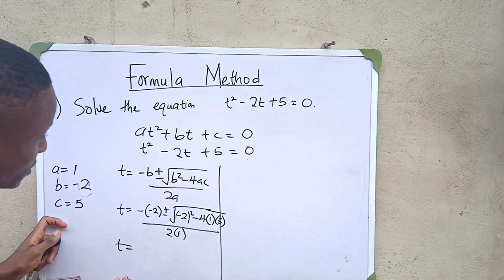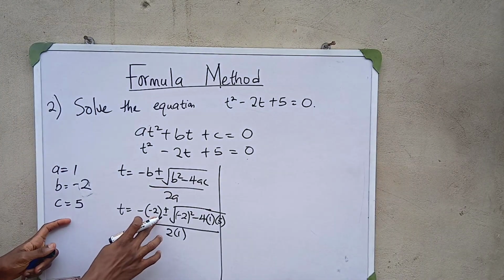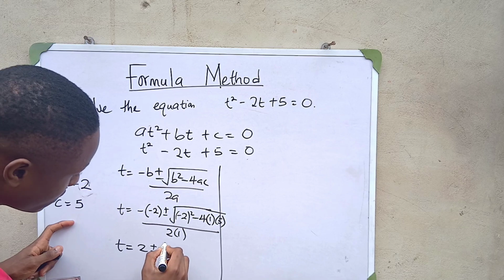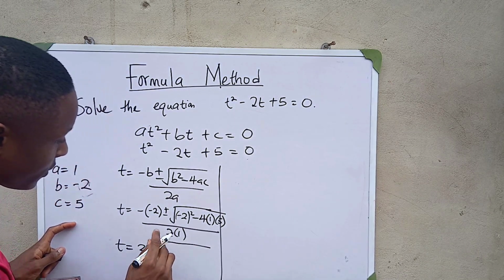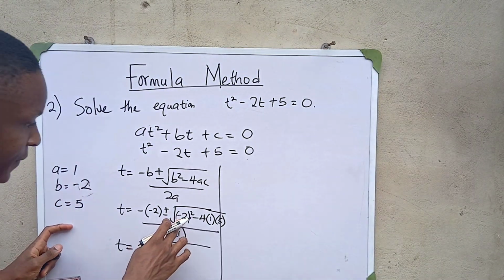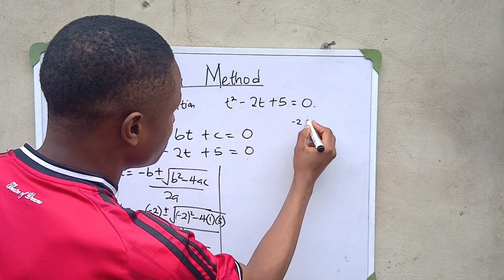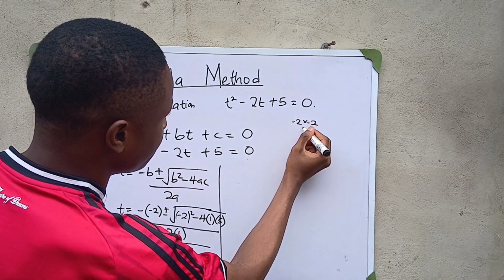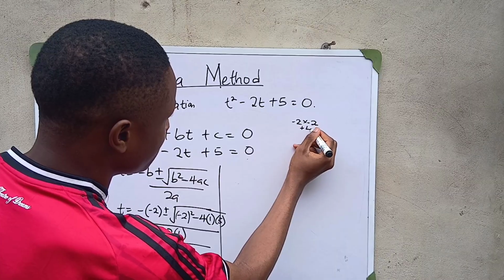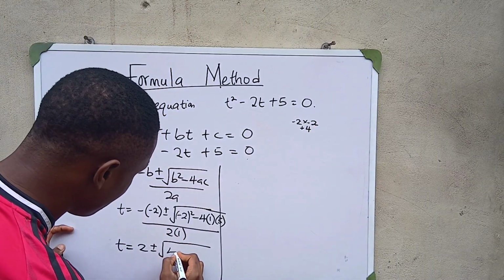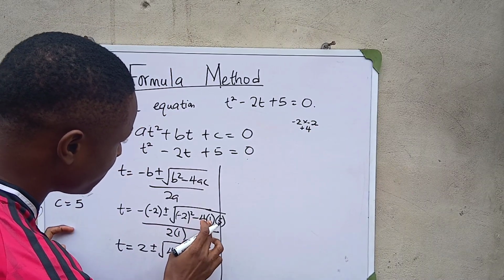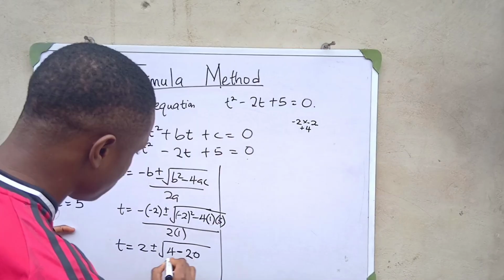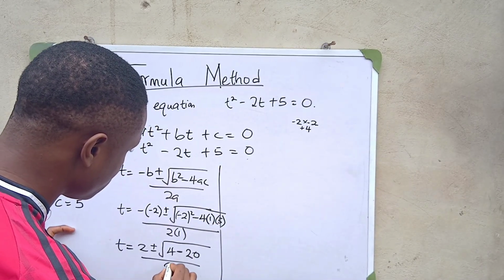t is equal to, minus minus is plus. So we have 2 plus or minus square root of, now minus 2 square is 4 because we have minus 2 times minus 2. So this minus will multiply this minus, giving us plus, and 2 multiplied by 2 giving us 4. So we have 4 minus 4 times 1, 4, 4 times 5, 20 all over 2.